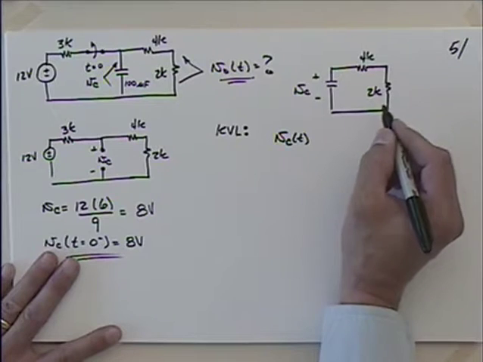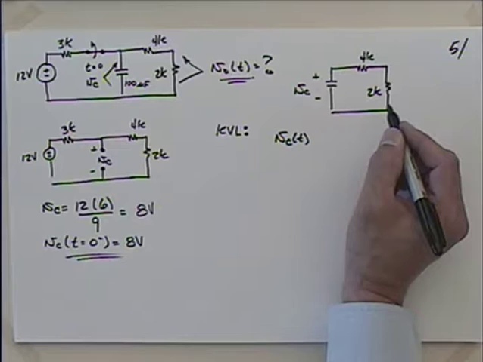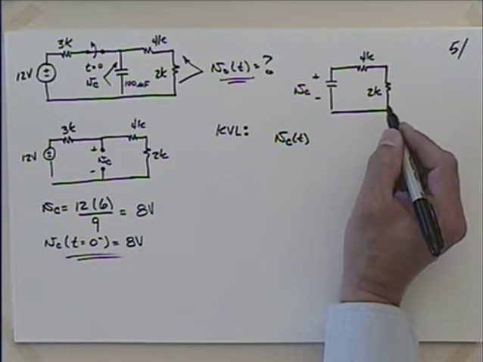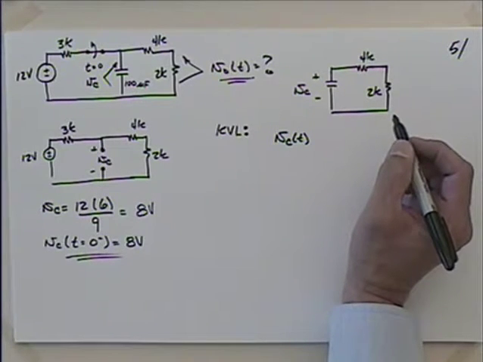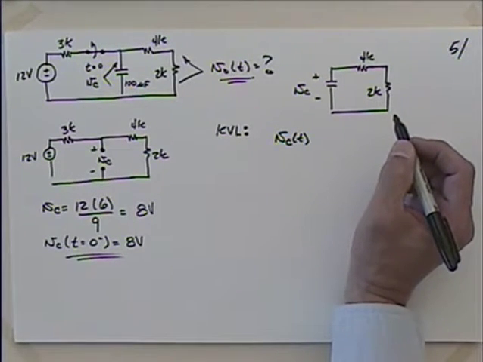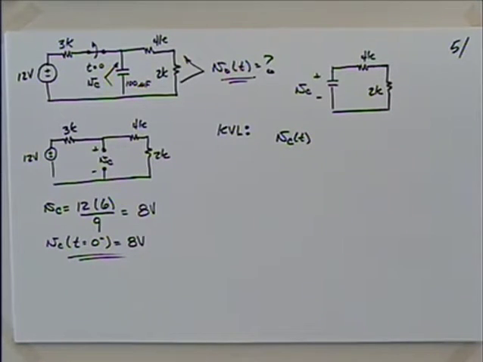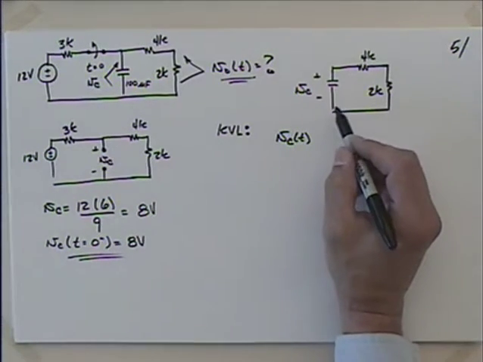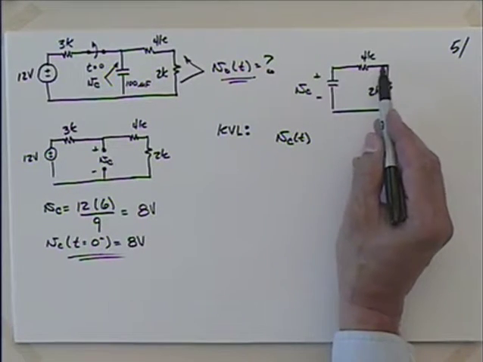I guess I could just go this way. Is that going to work for me? So I could say that I have a gain there, and then a drop and a drop.